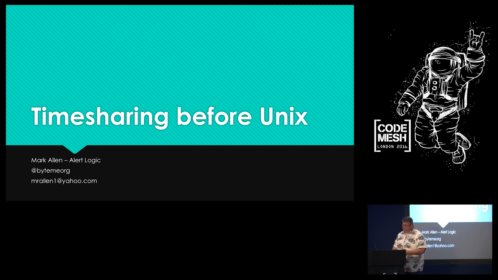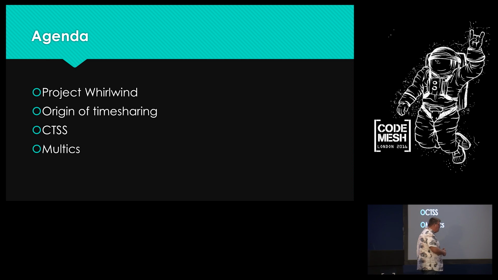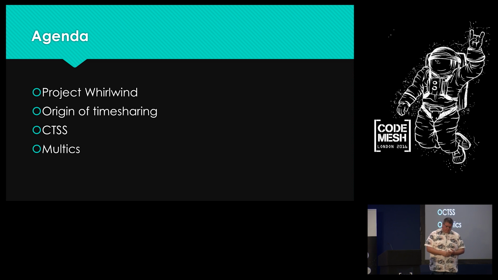So this is the agenda for today. I want to start off talking about Project Whirlwind. Project Whirlwind is a really interesting project that was started in 1944 at MIT, and I wanted to talk about it for two reasons. One is that I think the super early history of computing is really interesting, and Project Whirlwind is certainly one of the earliest parallel computing platforms.